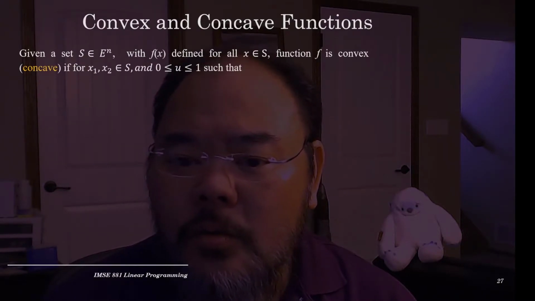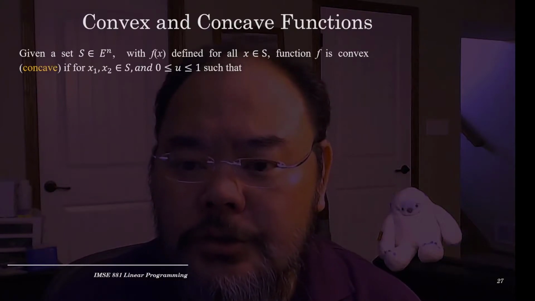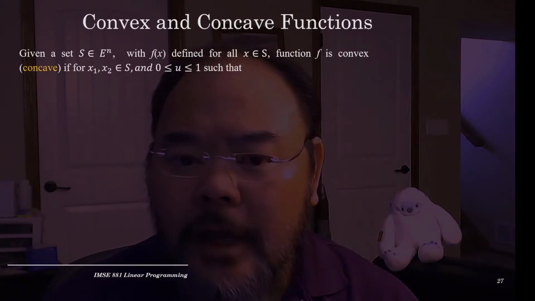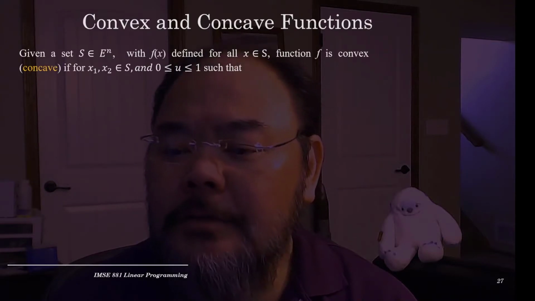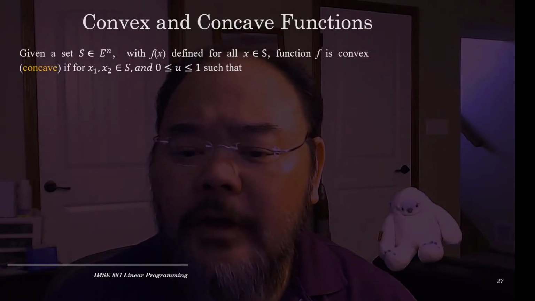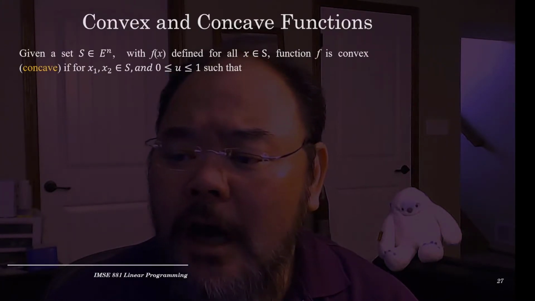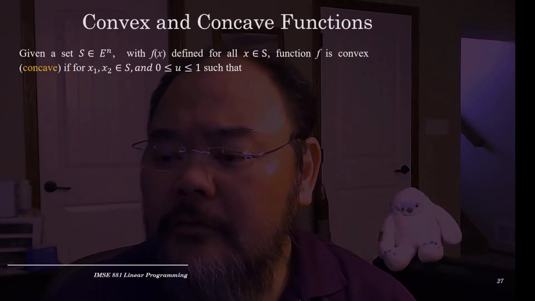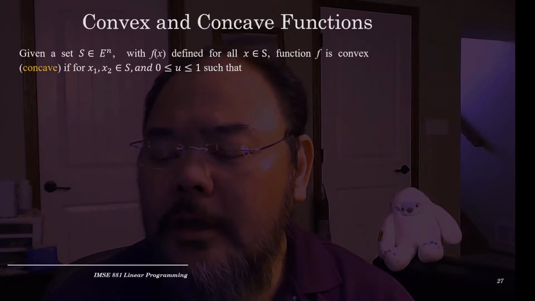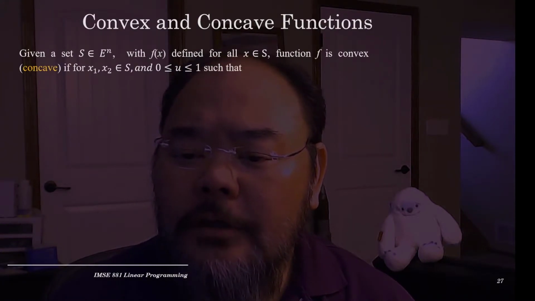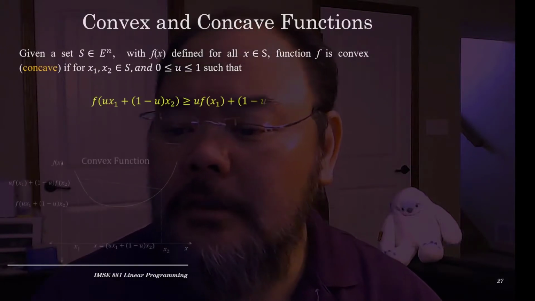But now we're shifting our attention to the function itself. Given a set S belonging to n-dimensional Euclidean space with f of x defined for all x inside the set S, the function f is convex if for any two points x1 and x2 belonging to S, and for any u between 0 and 1, the following holds. Let's take a look.